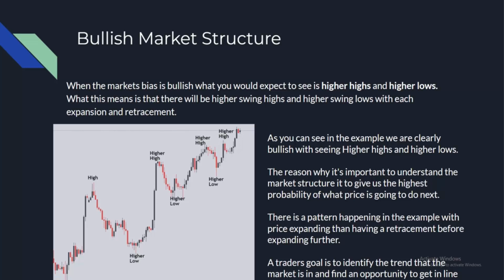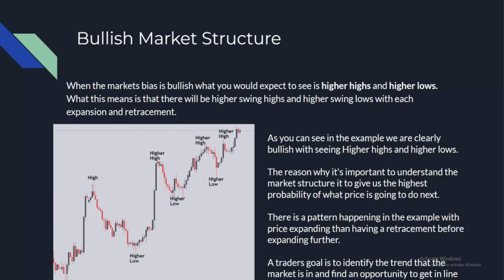So if you're bullish and there's a bunch of buy side liquidity nearby, you would expect price to retrace a bit and then maybe take out a short term sell side liquidity before going all the way up and taking that targeted buy side liquidity.